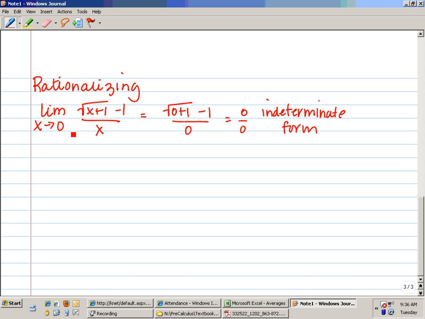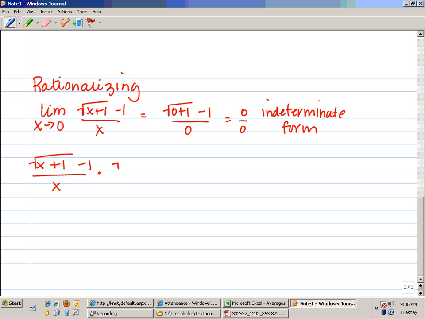Now, we're using rationalizing because, as you notice, we don't have any common factors, so we can't factor anything out. So we have to make a change somehow, and the easiest change is to rationalize the numerator. So we're going to take the square root of x plus 1 minus 1 over x, and multiply this by the conjugate.